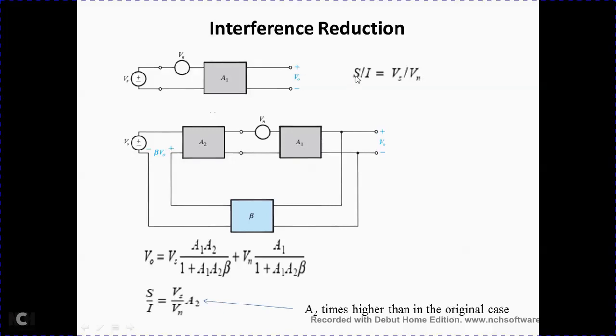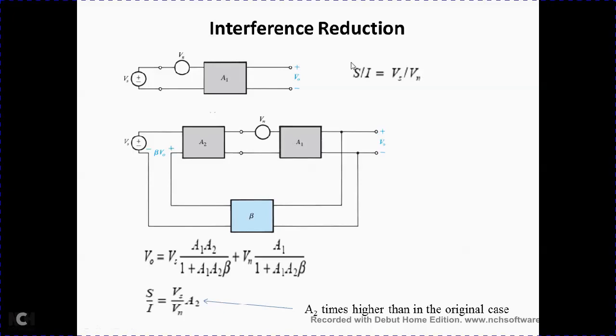That is what it says, right? Vs is in the numerator, Vn in the denominator. If Vn reduces, meaning noise reduces, S by I increases because Vn is in the denominator, so it is inversely proportional to the noise. Ultimately the aim is to increase the signal to interference ratio.